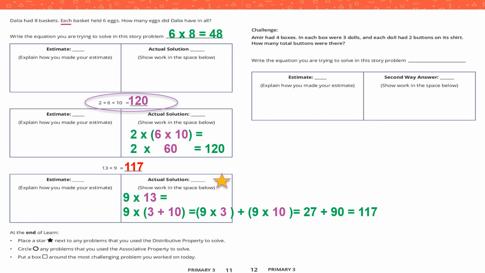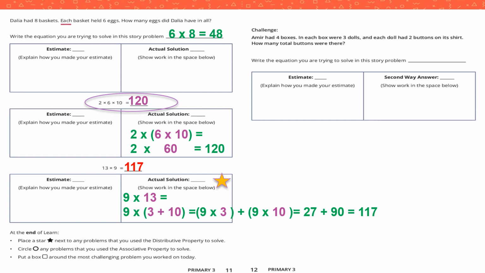The challenging part. Amir had 4 boxes. In each box were 3 dolls, and each doll had 2 buttons on its shirt.